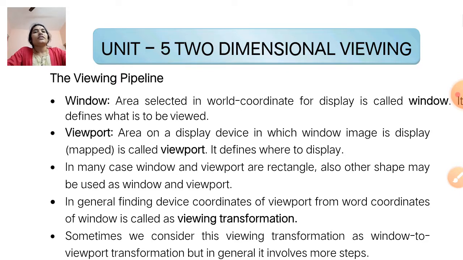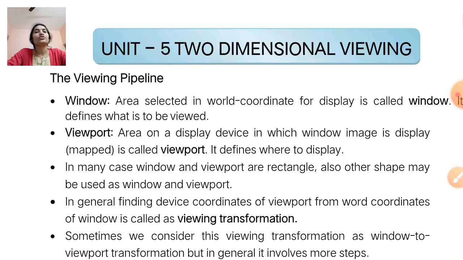Then the next point is viewport. The area on a display device in which the window image is displayed is called viewport. It defines where to display. That means the whole object which is displayed in the screen is known as window, and viewport is the portion which you want to display on a device, or on another screen device.